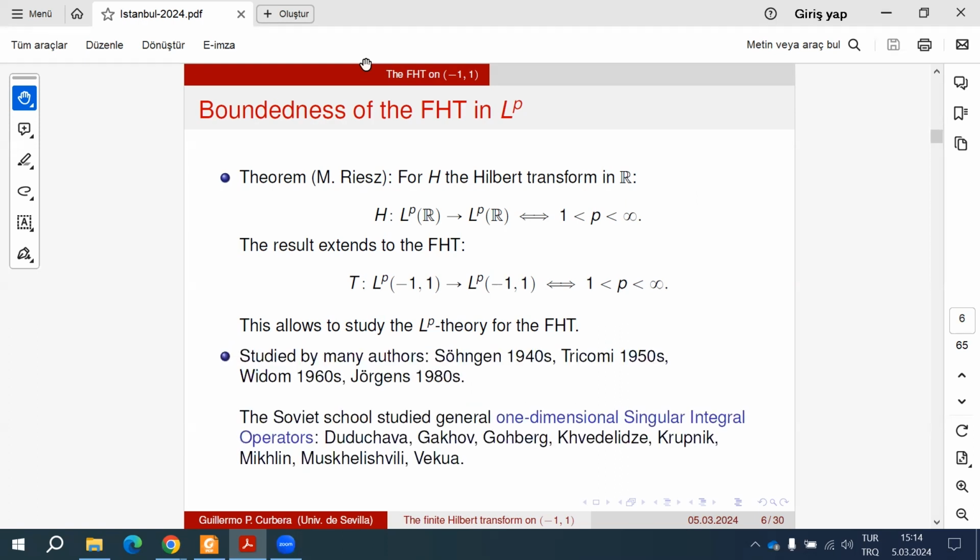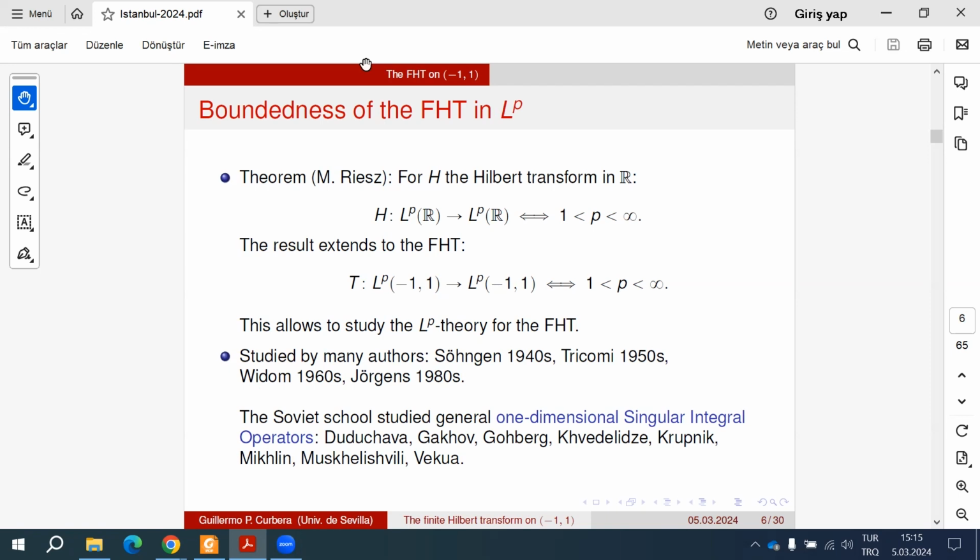This was developed by many authors. There are mainly two groups. One is a group, let's say, in Western Europe: Söhngen, a German mathematician, Tricomi in 1950, Widom, and Jörgens. A similar theory from a different viewpoint was developed by the Soviet school of one-dimensional singular integrals.